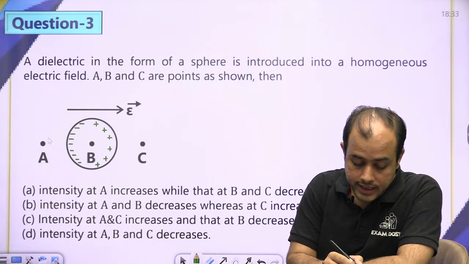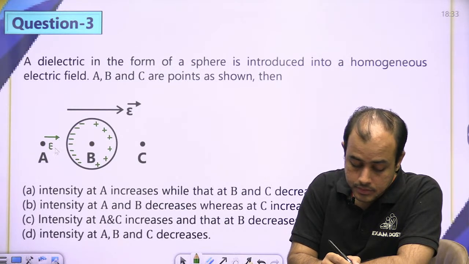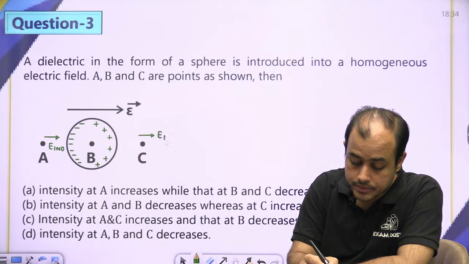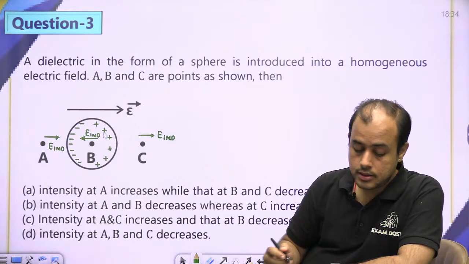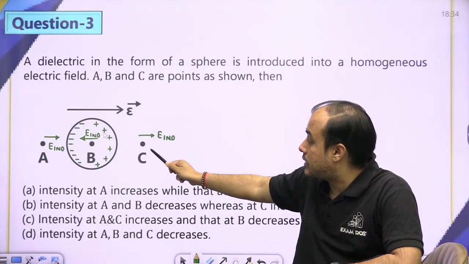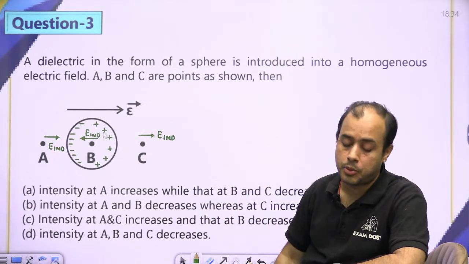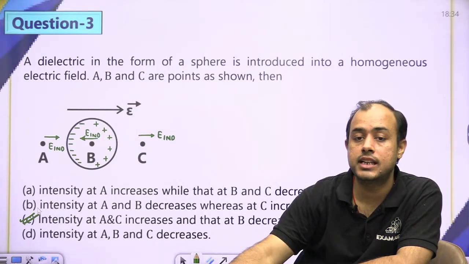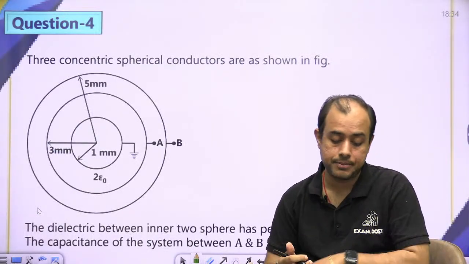So electric field at A, due to negative charge, it will be like this. At C, due to positive charge, like this. At B, from positive to negative, it will be like this. So at A and C, electric field will support the external, it will increase. At B, it is opposite, it will decrease. C option. A और C पे बढ़ जाएगा due to induced field, but B पे कम हो जाएगा.